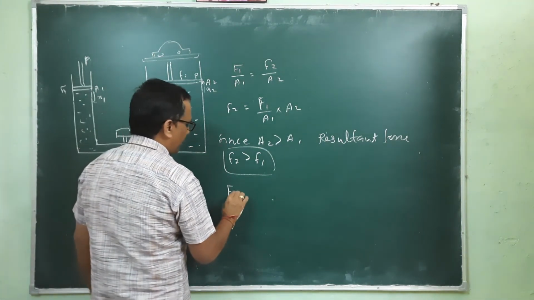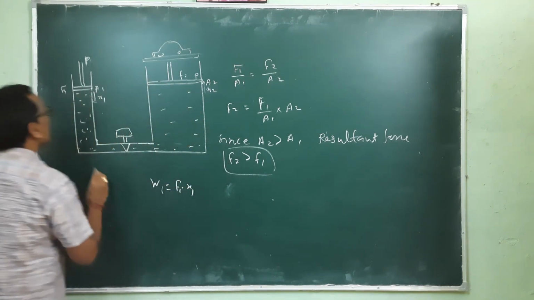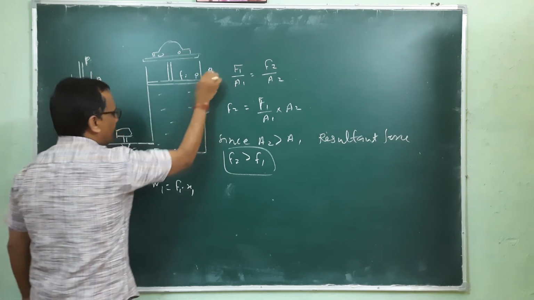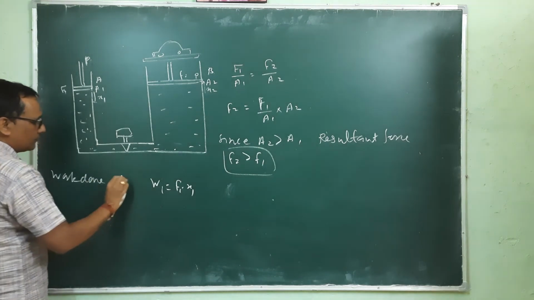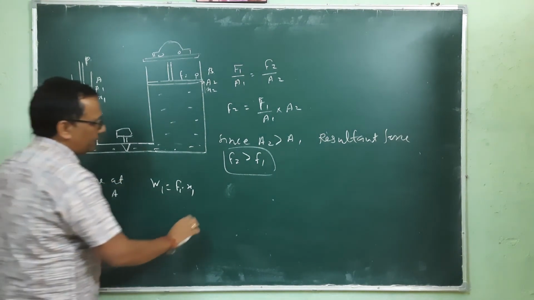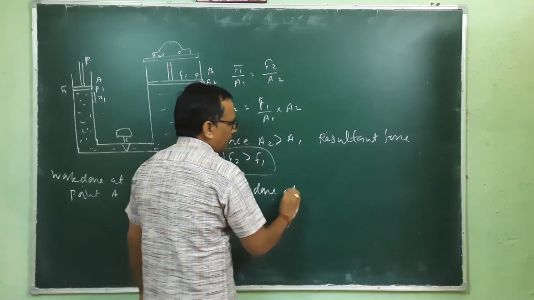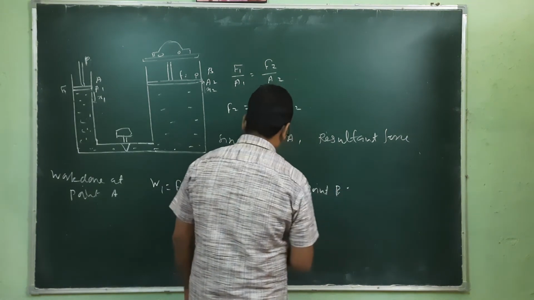Let us have this side A and this side B. Work done at side A is W1, and work done at side B is W2.